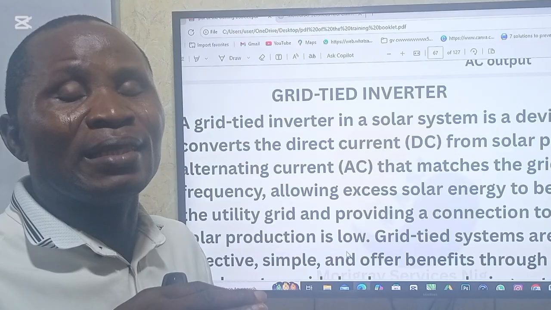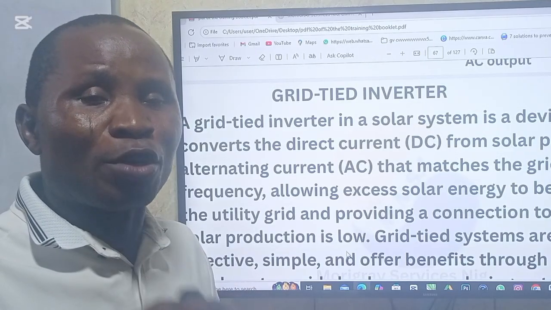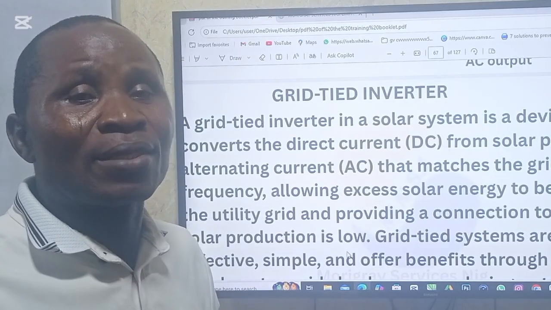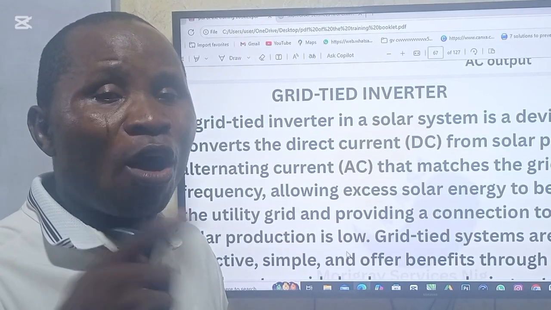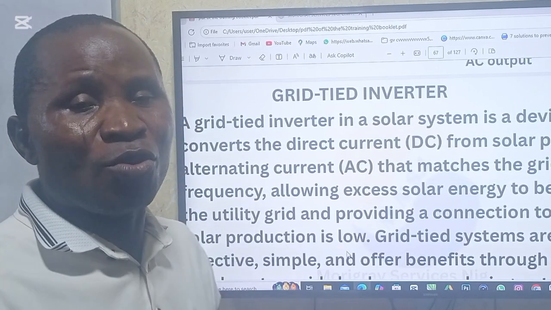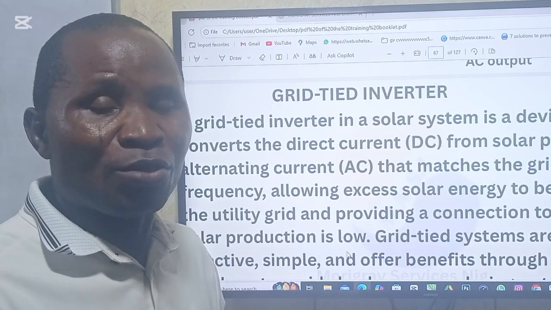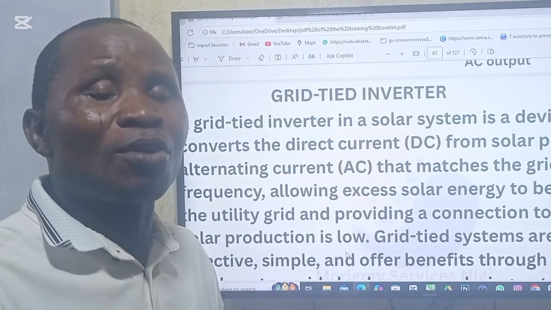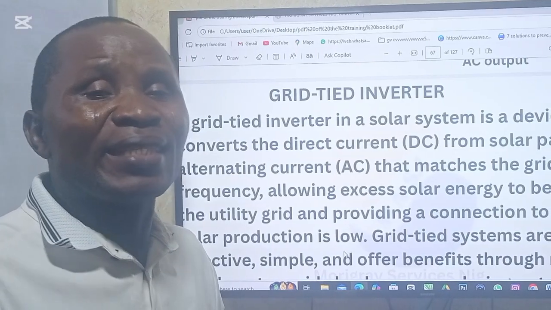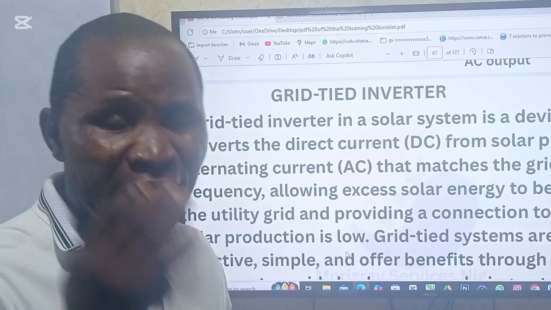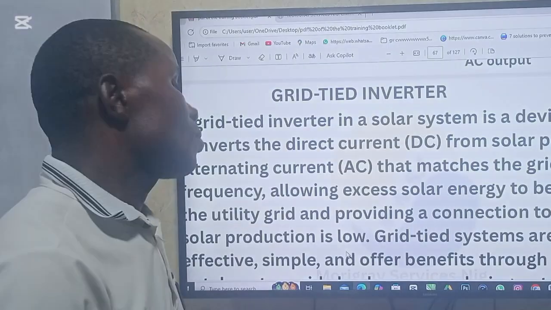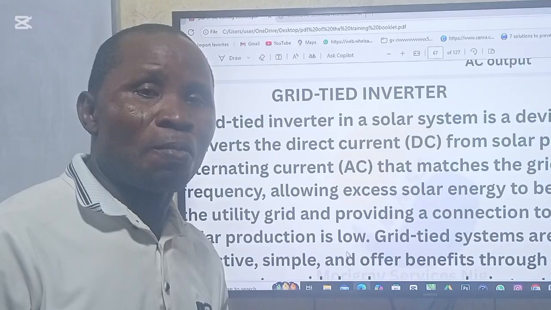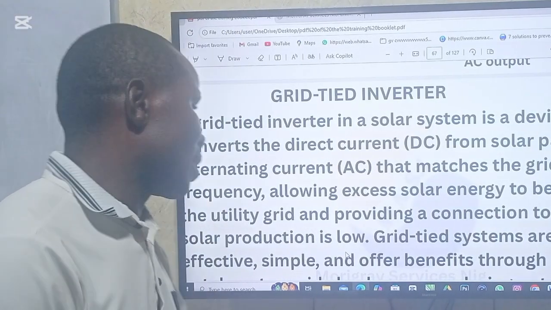When the solar panel production is low, the power it generated when production was high is stored in the national grid, and the grid gives it back to you. That is why this type of solar inverter is dependent on the national grid. It reduces the expenses on the national grid, but it is dependent on it.